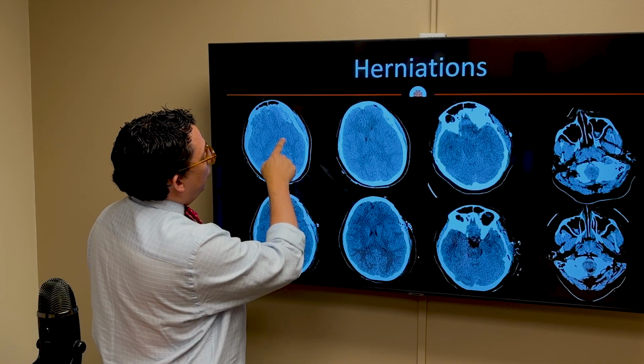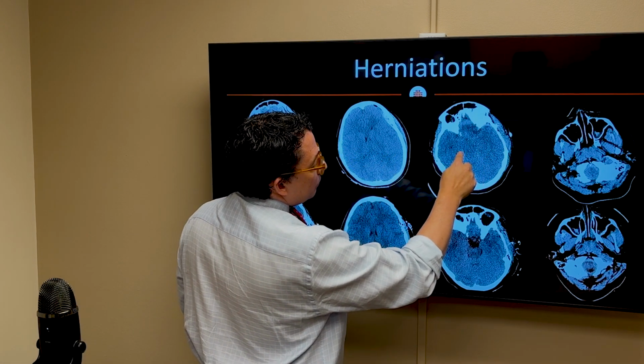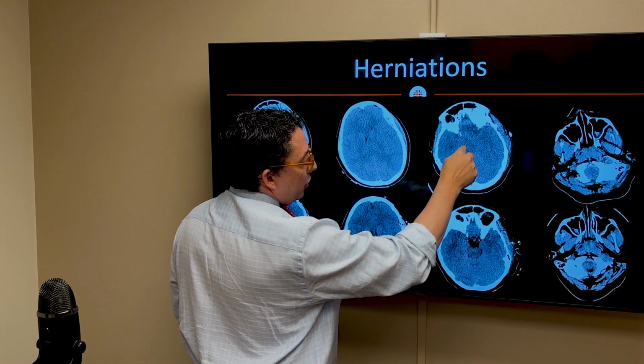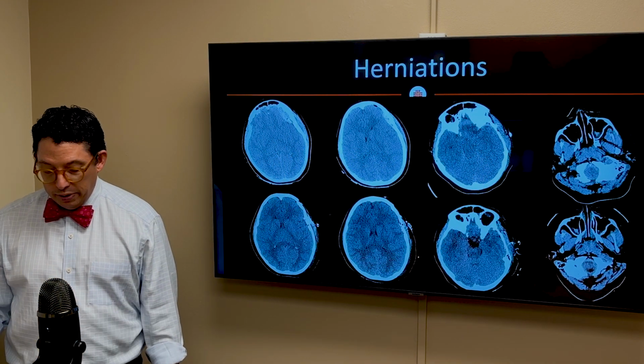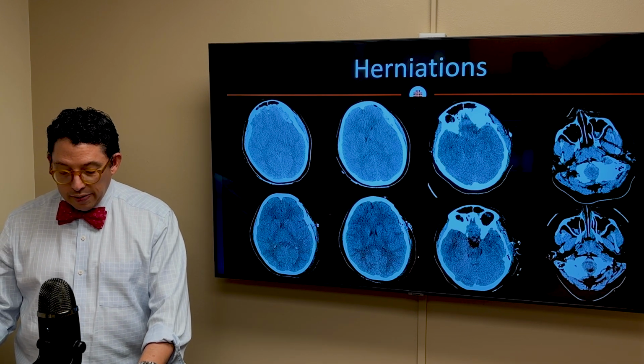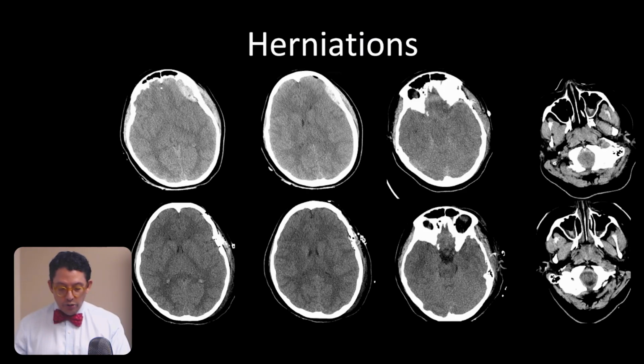In this case, you can see that the perimesencephalic cistern is completely absent. After the edema from the herniation was treated, look at how the ventricular size started to improve, and you start to see the perimesencephalic cistern again.